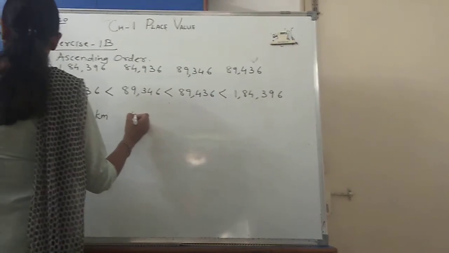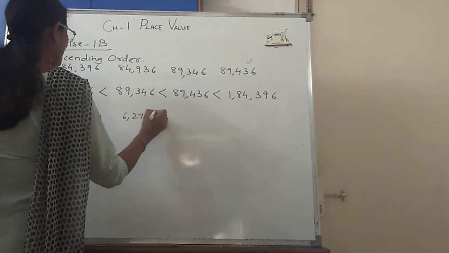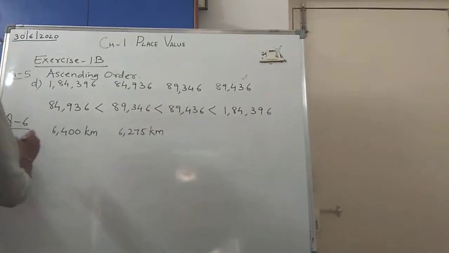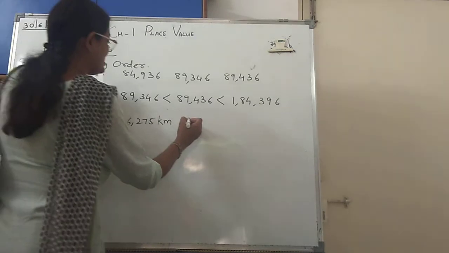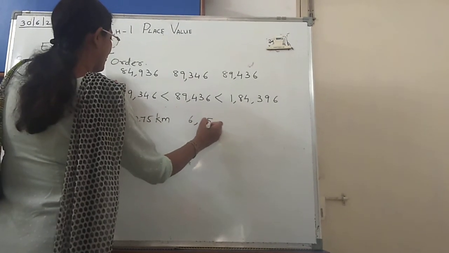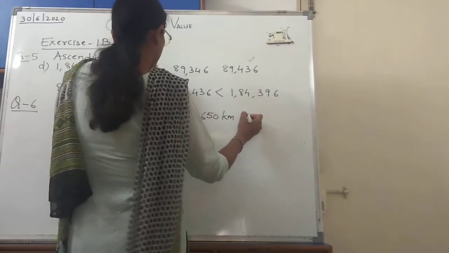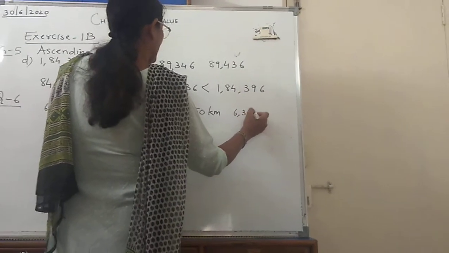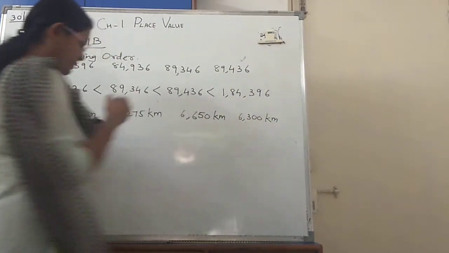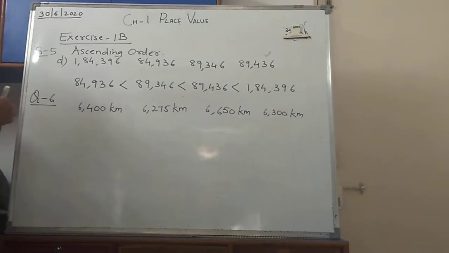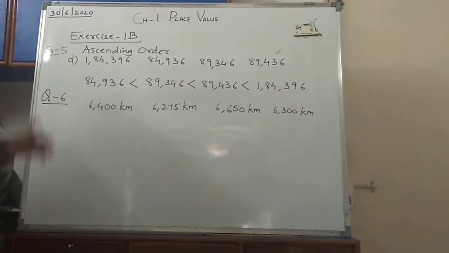Mississippi is 6,275 kilometers. Nile river is 6,650 kilometers. And Yangtze river is 6,300 kilometers. These are the distances of 4 different rivers, and we have to write them in descending order.